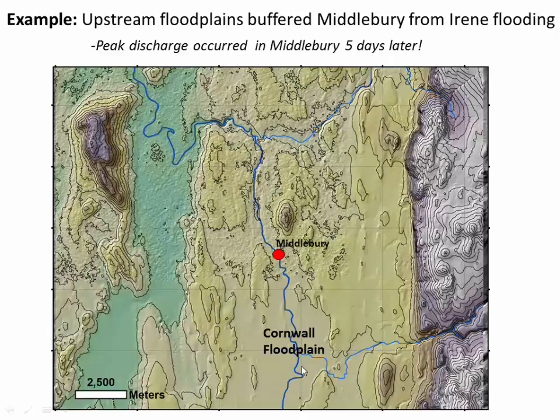So even though the Irene floodwaters were raging out of the mountain streams, a lot of that water was being temporarily stored in these floodplains and was acting to delay and diminish the peak of the floodwaters in Middlebury. So for example, a lot of the Irene destruction happened on a Sunday afternoon, and the floodwaters in Middlebury didn't peak until 5 days later on a Friday afternoon.